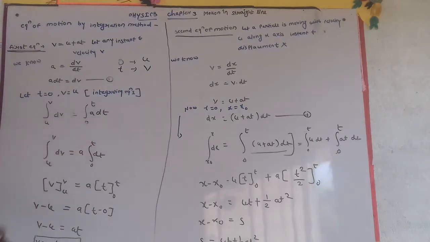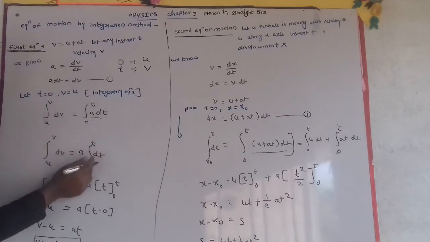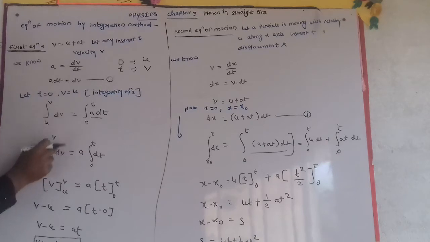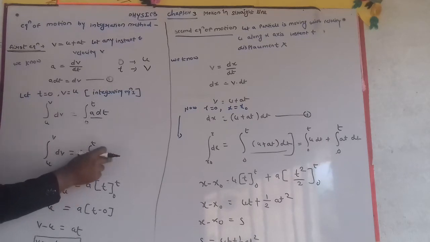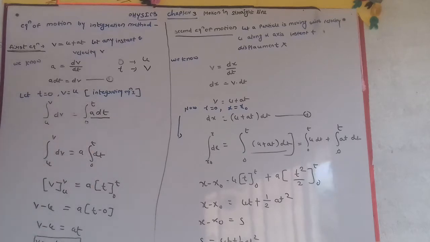Now we integrate. A is a constant, so I will take it outside: integral of dv from u to v equals A times integral of dt from 0 to t.